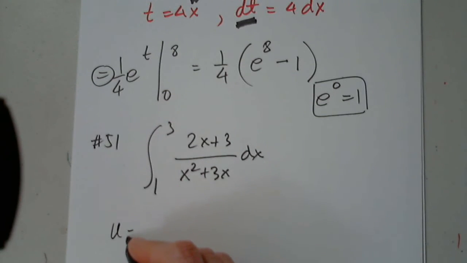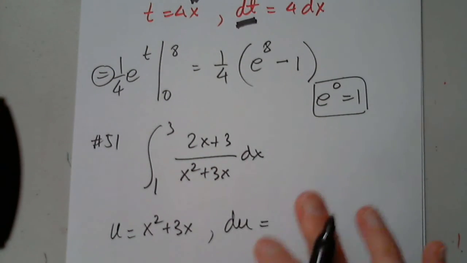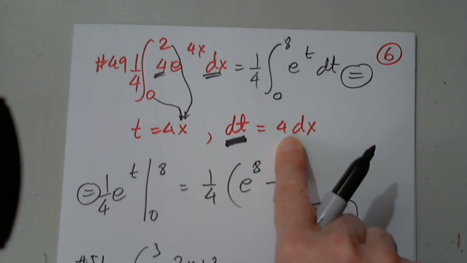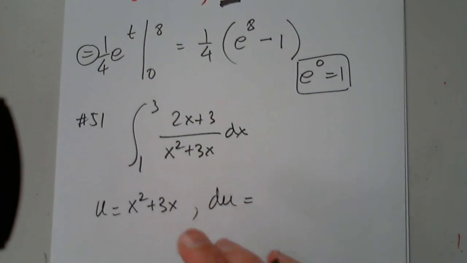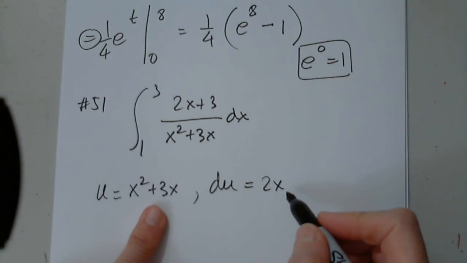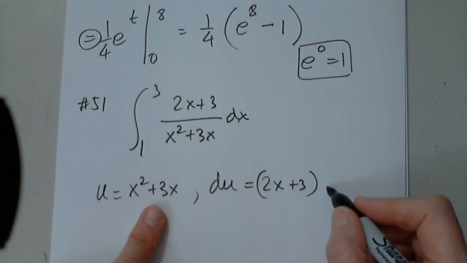So I'm going to say let u be x squared plus 3x, as long as du is in the problem, minus a little constant or factor that I can always make up. So can anyone give us du for u? 2x plus 3 dx.